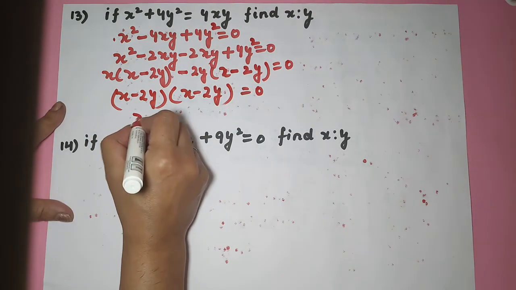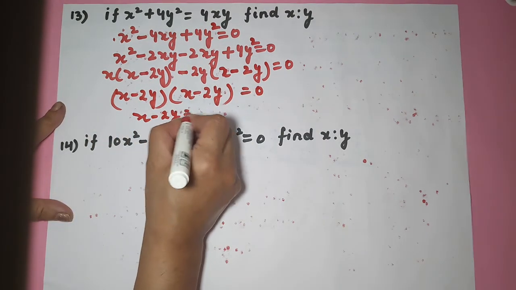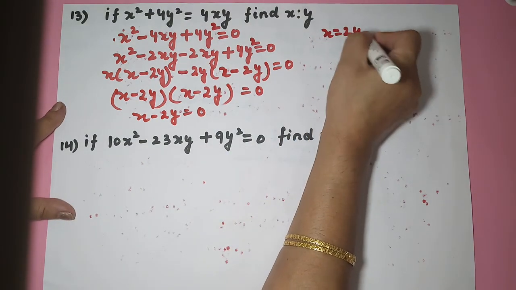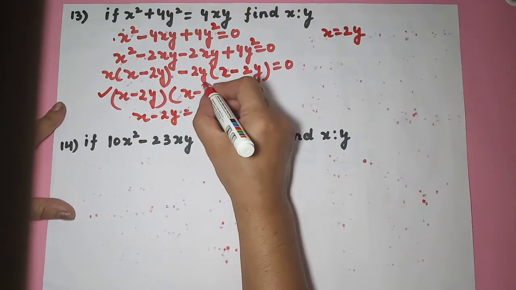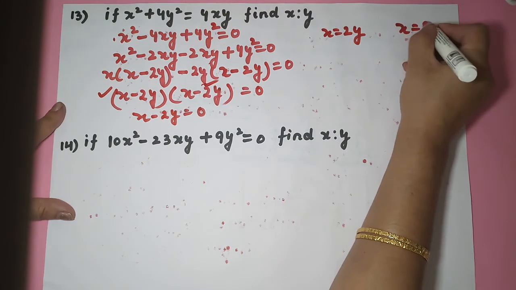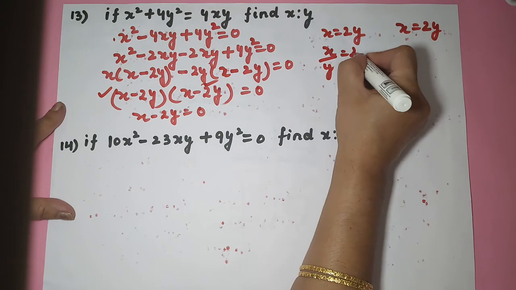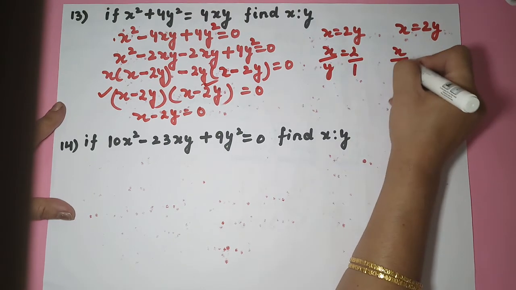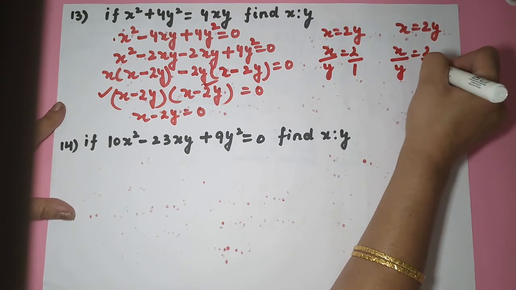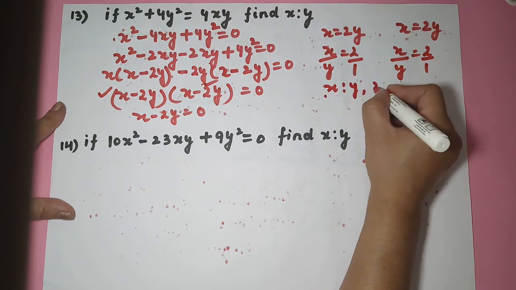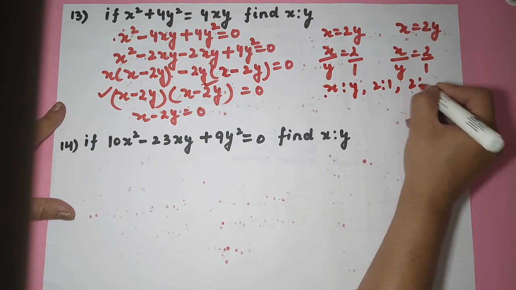What does that mean? X minus 2y is equal to 0. So x is equal to 2y for this part, and for this part also x is equal to 2y. So here x by y is equal to 2 by 1. Here also x by y is equal to 2 by 1. So you are getting two values of x is to y, that is 2 is to 1 and 2 is to 1.